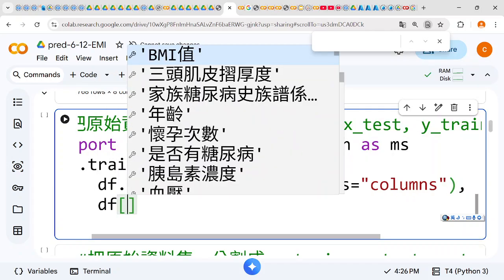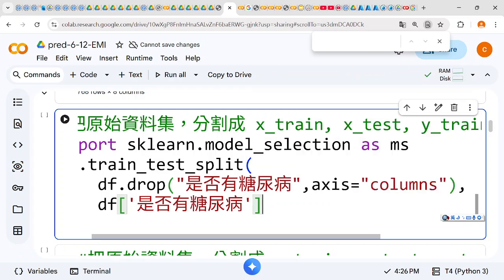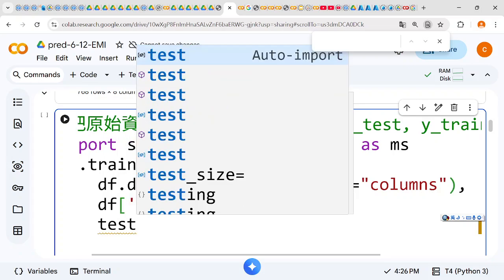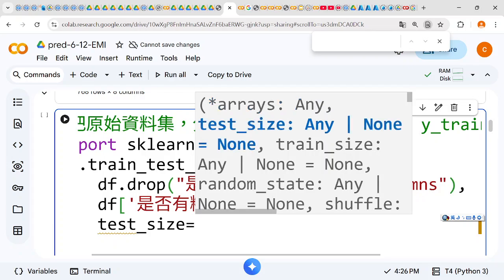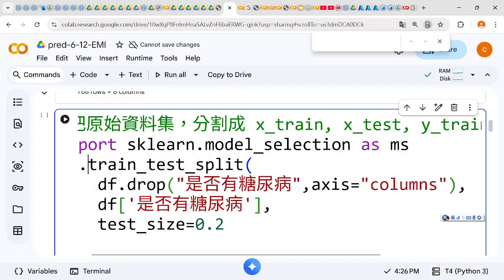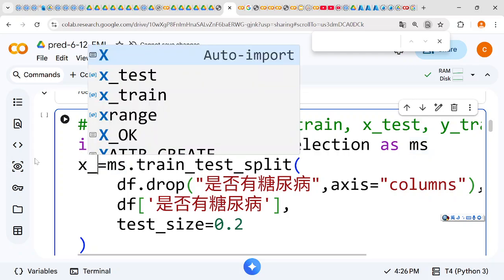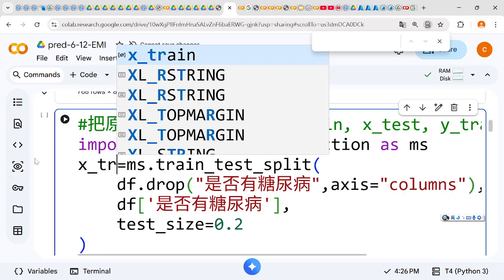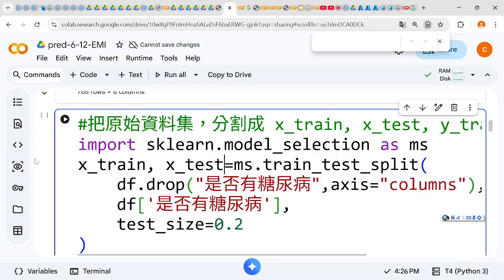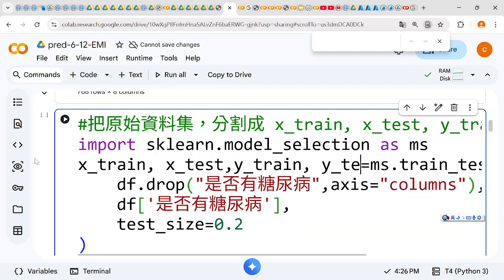This is Y. And my test size is about 0.2. And after I do this, I will return many values: X train, X test, Y train, Y test.